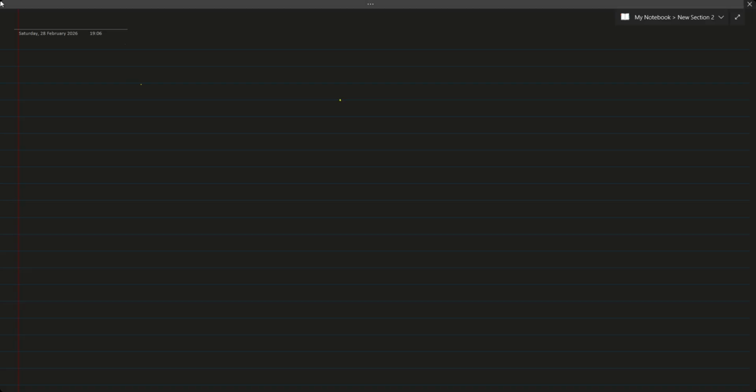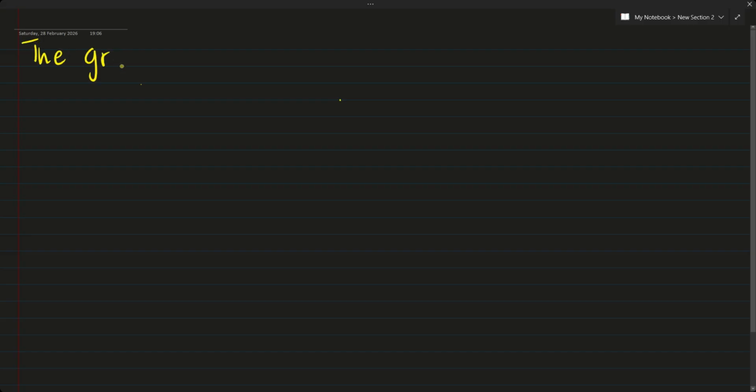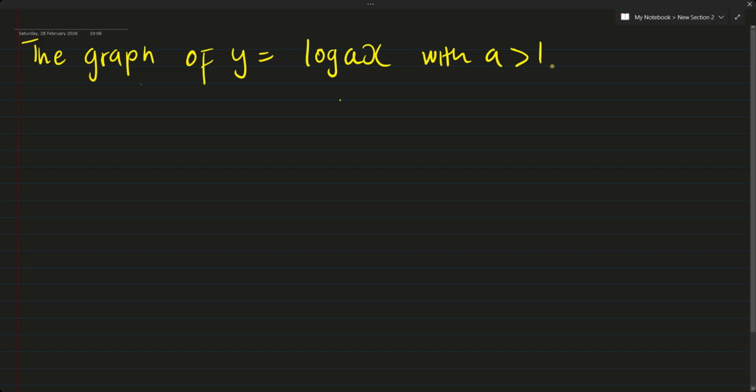So here we're gonna have the graph of y equals log base a of x, with a less than 1.